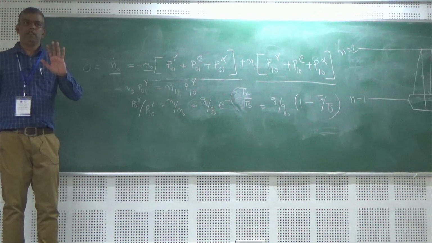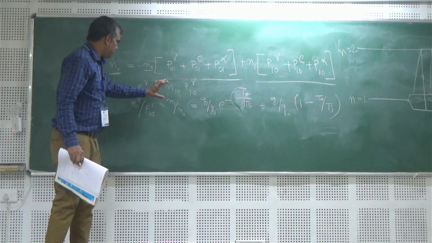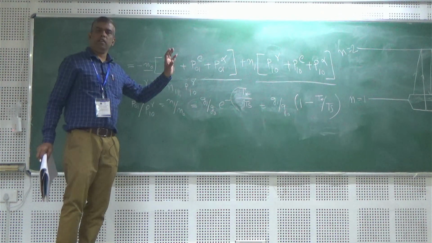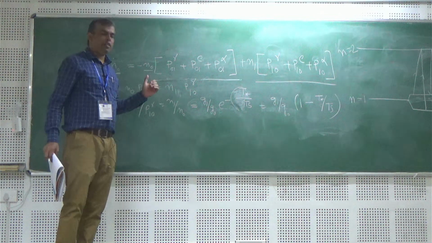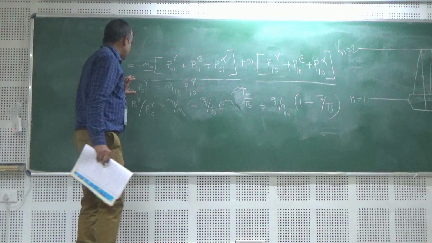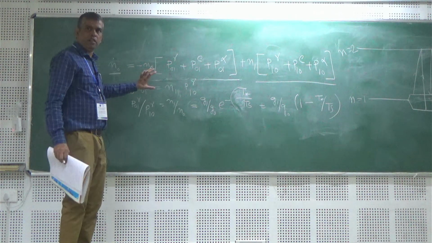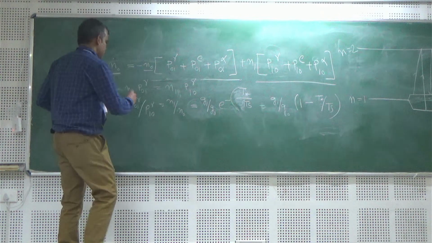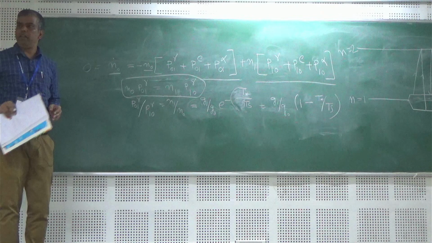Now, as I said, each process will be individually in equilibrium. That means this characteristic temperature is due to CMB radiation. This is radiative transfer, so this transition is occurring because of the background CMB radiation.